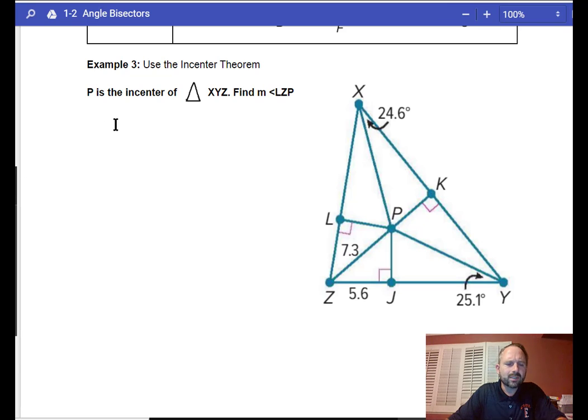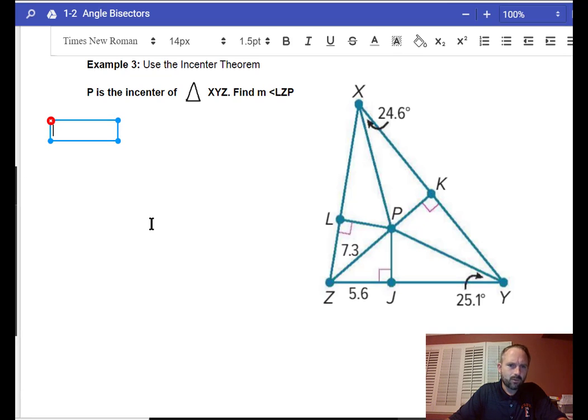All right, so let's see if we can get this. We know that P is the in-center. The given information: P is the in-center of triangle XYZ. So if we know that, we understand that XP bisects angle LXK.